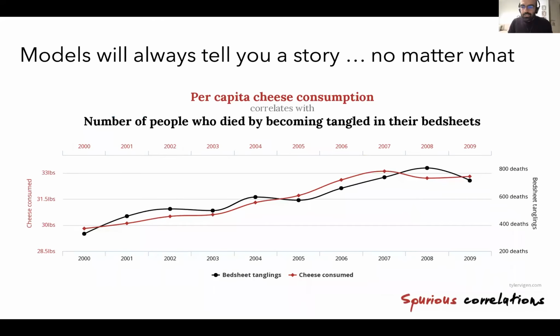I'm sure you have seen this chart already in a few other talks, but I still quite like it. I want to present a few reasons why I think we still need the human in the data science process, because models will always tell you a story.